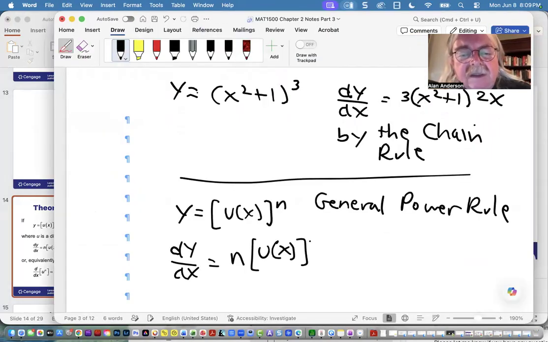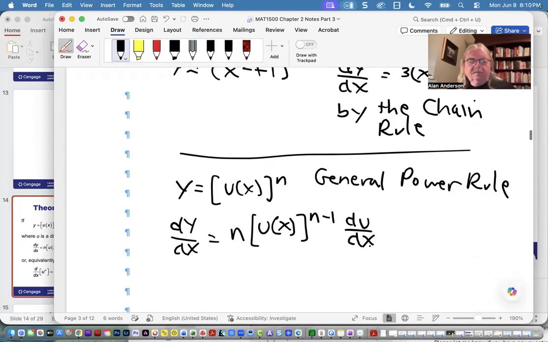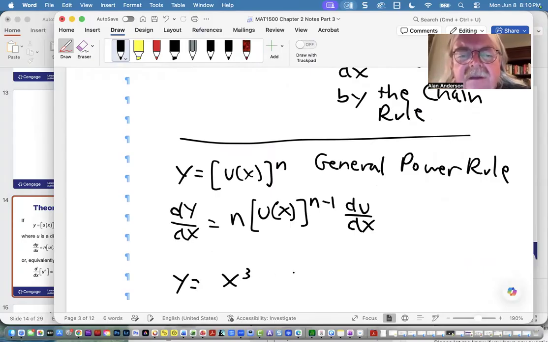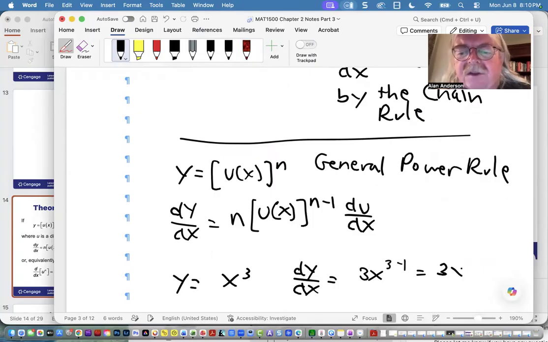So far, so good. But then we need u prime of x, or du dx. Now, if you notice, the reason why this is necessary is because u is a function of x. So if you had instead, let's say, x to the third power, then dy dx, based on the power rule that we learned earlier, would be 3 times x to the 3 minus 1, or 3x squared. Because x is a simple function.